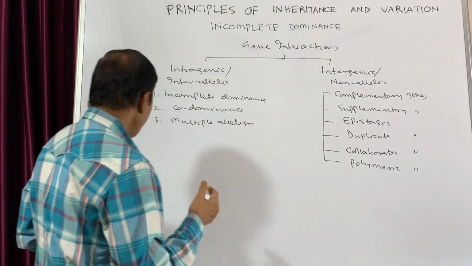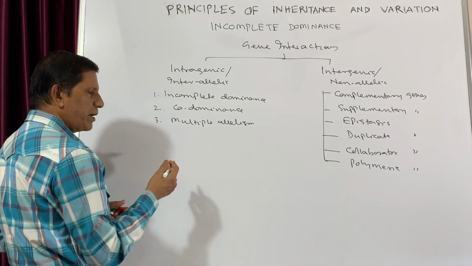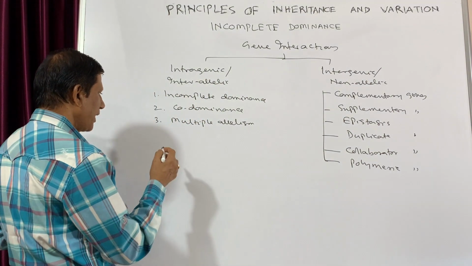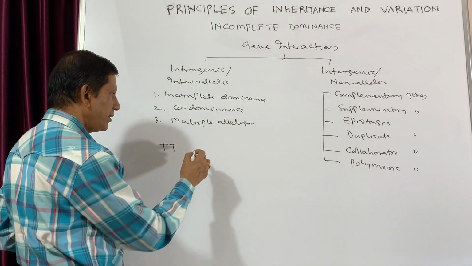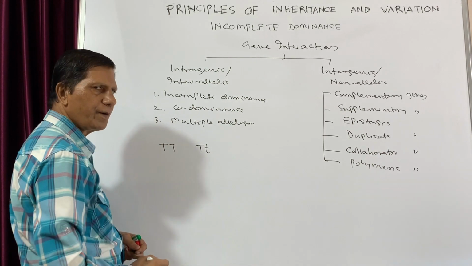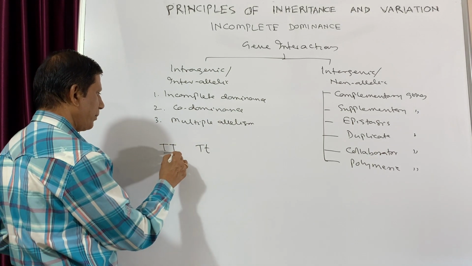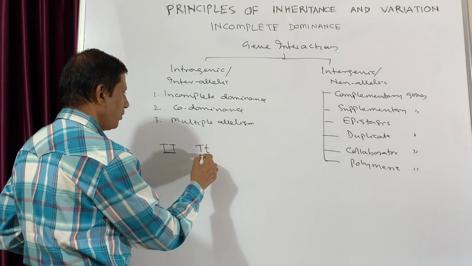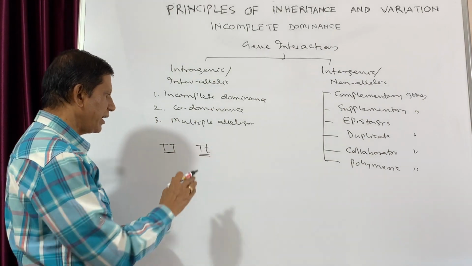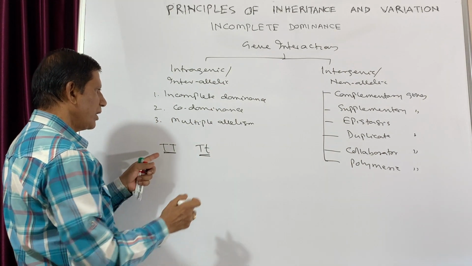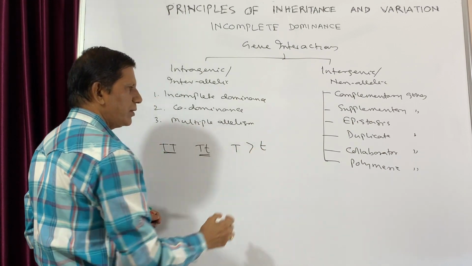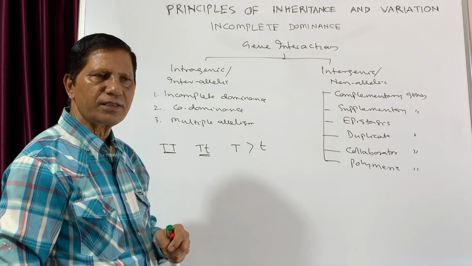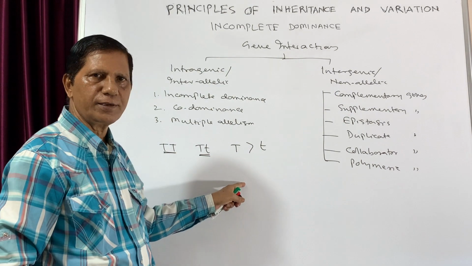For example, in one experiment between tall and dwarf plants, in the F2 generation he obtained this tall plant, and this is also a tall plant. That means whether they are present in homozygous or heterozygous condition, in both conditions the capital T is completely dominant over small t. That is only one character. This is known as complete dominance.